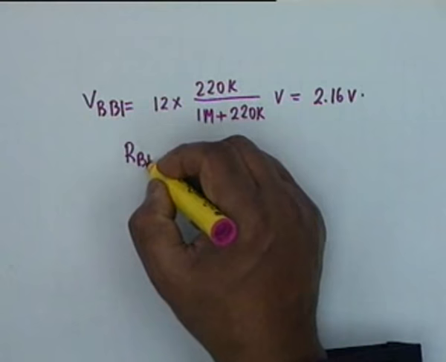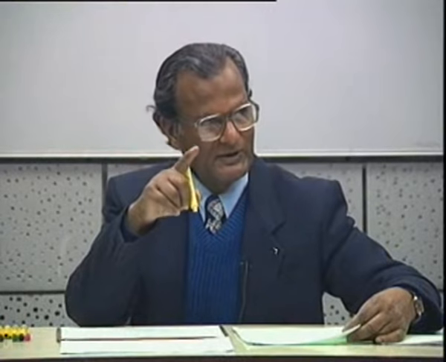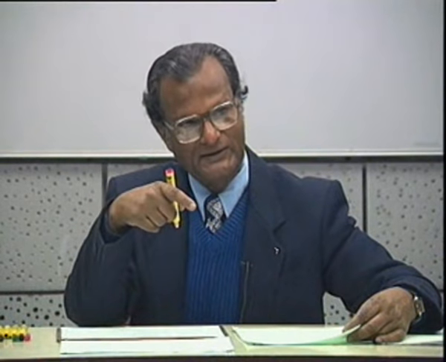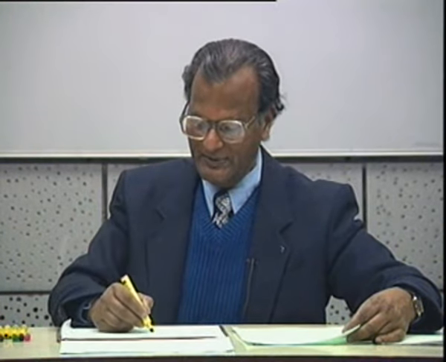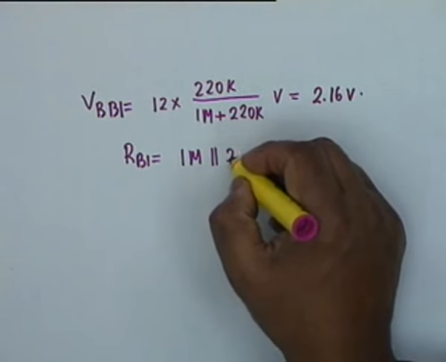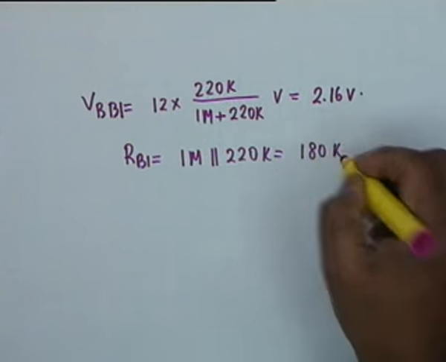Next thing we find out is RB1, since our aim is to find IB1 and then IC1 and then VCE1. So this is the discipline one is to follow. RB1 is 1 meg parallel 220K, and this is 180K. Nice figure.